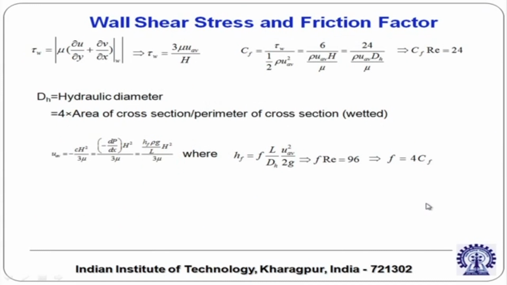Then we calculated the dimensionless wall shear stress and dimensionless pressure drop, and because the wall shear stress and pressure drop are related, their dimensionless forms are also related. The dimensionless wall shear stress is the Fanning's friction factor Cf, and the dimensionless pressure drop is the Darcy's friction factor F, and we derived that F is equal to 4 Cf.